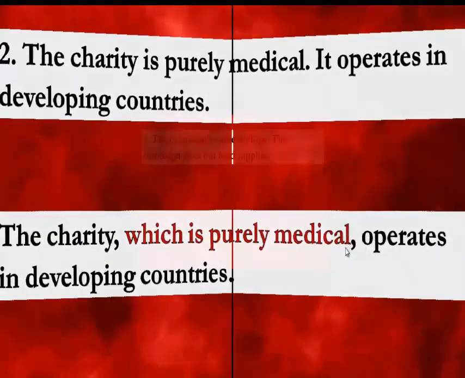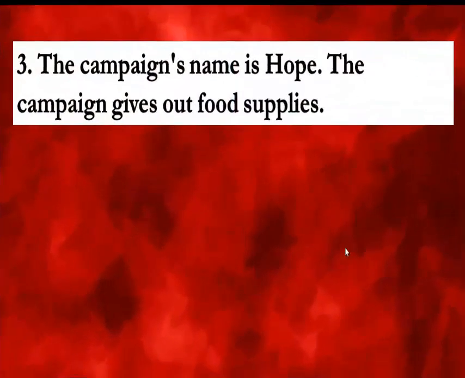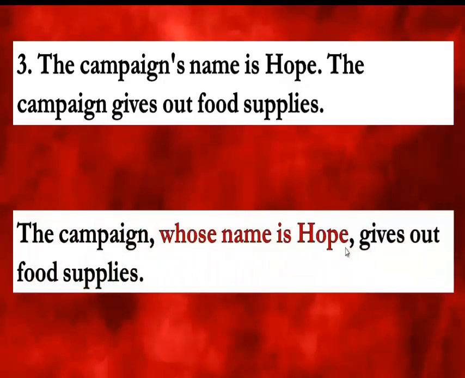Number 3, the campaign's name is Hope. The campaign gives out food supplies. Here we can join it by whose, for possession. The campaign, whose name is Hope, gives out food supplies.